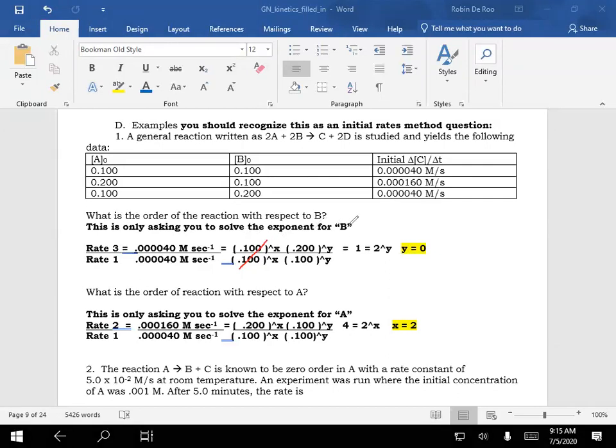That ends up giving me 1 equals 2 to the power of y, and then y would be 0. So this means that B is 0 order.